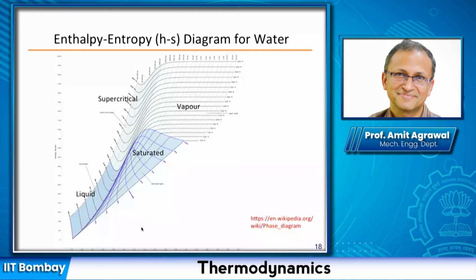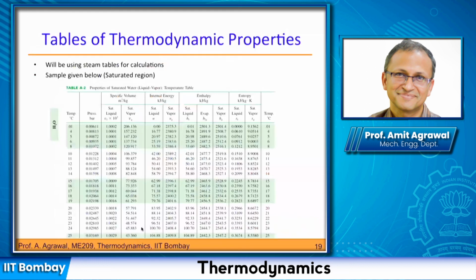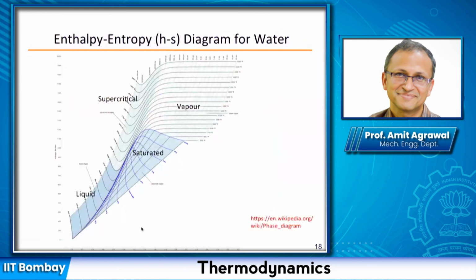So we will rather go to a table where things are tabulated nicely for you. Of course, the difficulty with these tables is that you miss out on the overall picture. That's why it is good to have the overall picture with the help of one of these charts, and then go to a table and do the calculation.